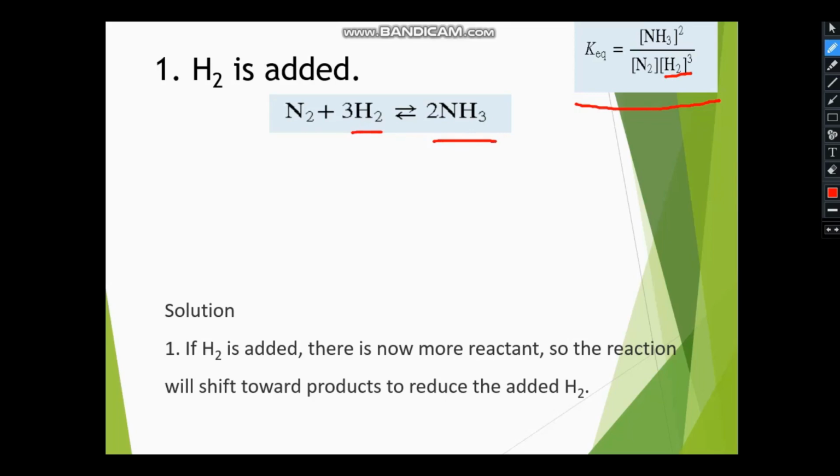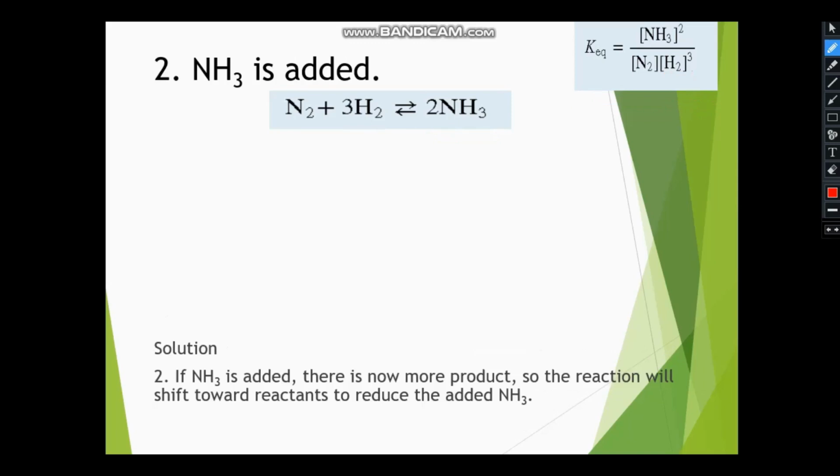For this reaction to reach equilibrium, if hydrogen is added, there will be more reactants, so the shift will be towards the products to reduce the added hydrogen. The reaction will shift to the products.